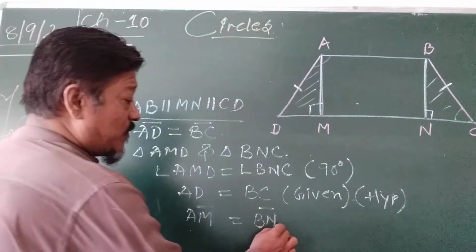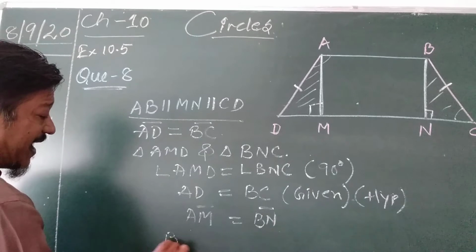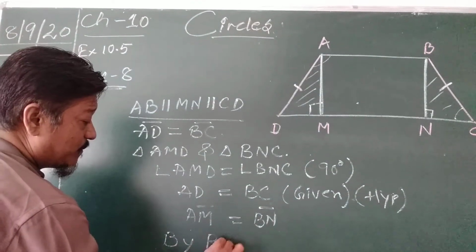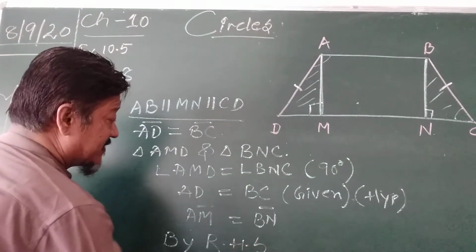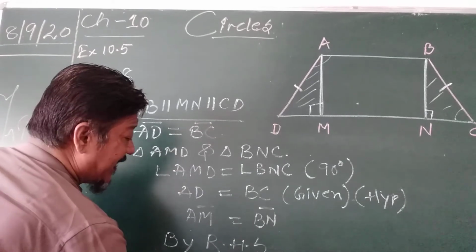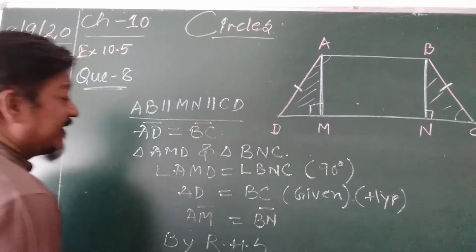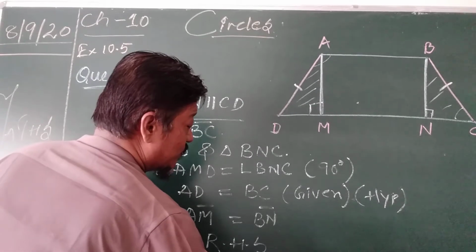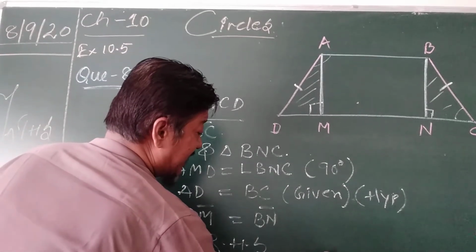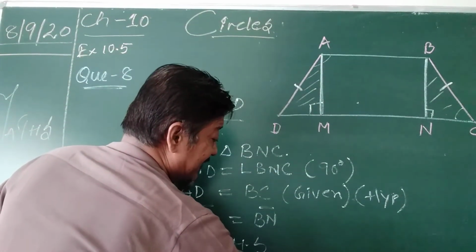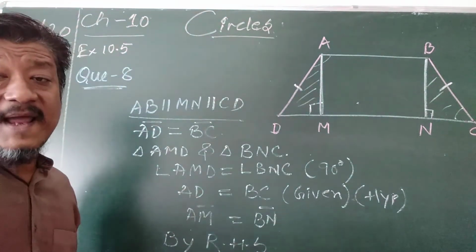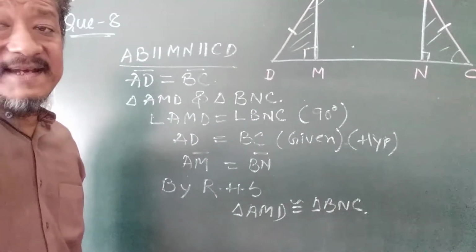So by RHS, triangle AMD is congruent to triangle BNC.